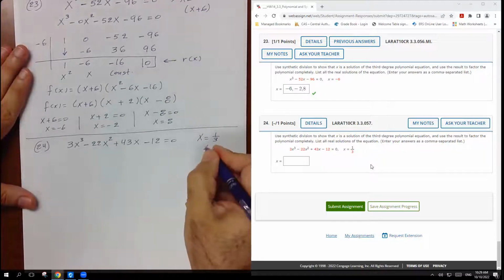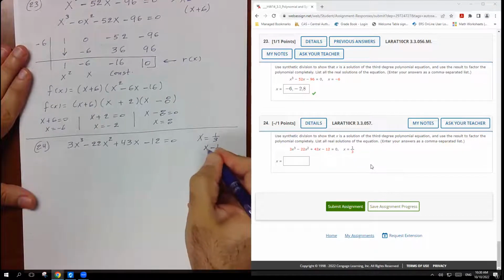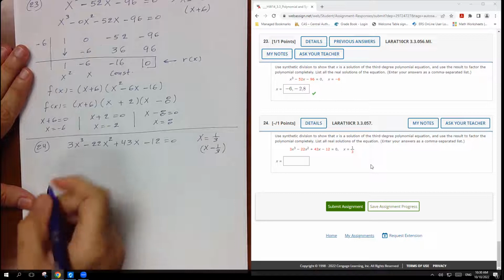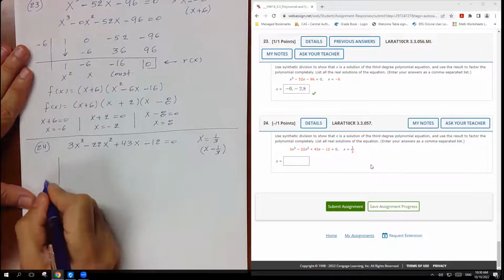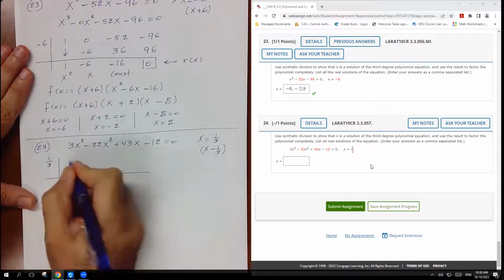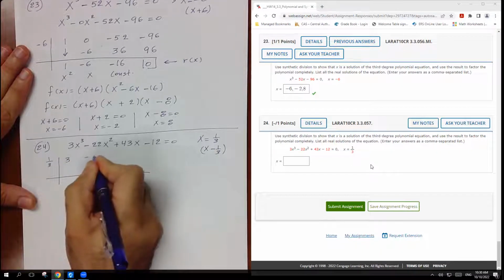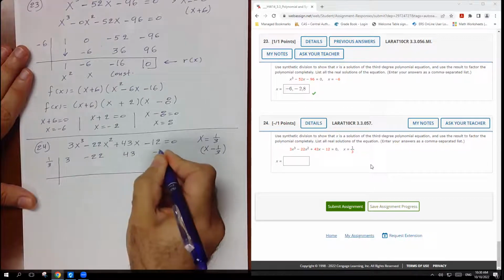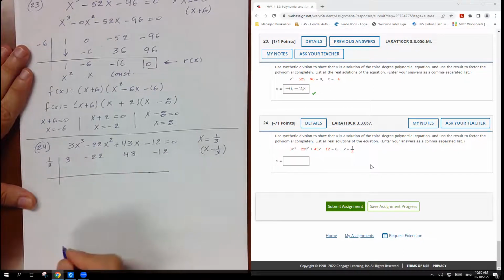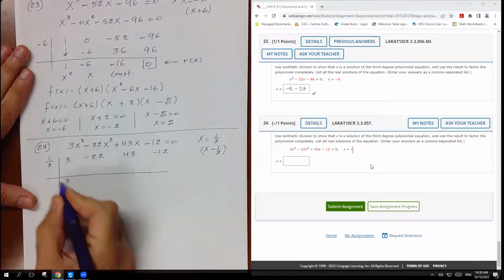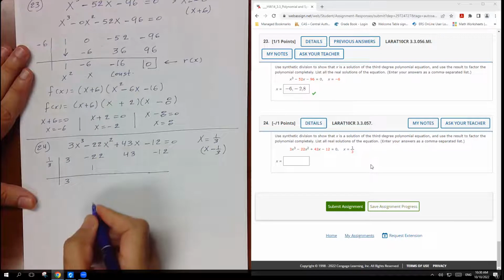So I already know the first factor is going to be x minus 1/3. Now here on this one, there is no missing term. So I'm going to use, here is 1/3, and here is 3, -22, 43, and -12. So the first number is a 3. 1/3 times 3 is going to be 1.